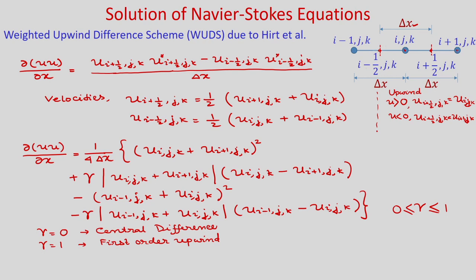Similarly, here if u is greater than 0, you consider the value at i minus half as the value at (i-1,j,k), and if u is less than 0, then you consider u at this point as u(i,j,k). This is known as upwind, and if you put gamma equal to 1, you will get first order upwind, and if gamma is small, then obviously it will be towards central difference.